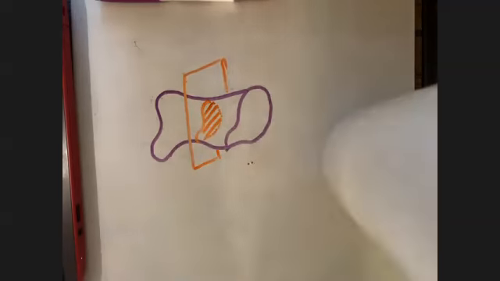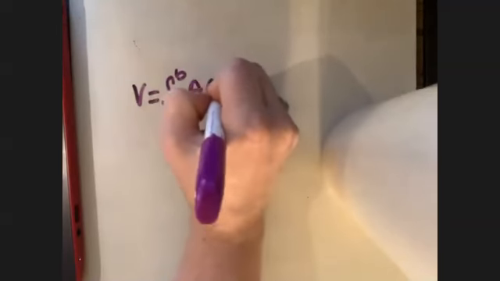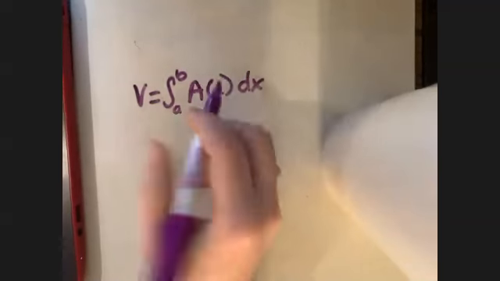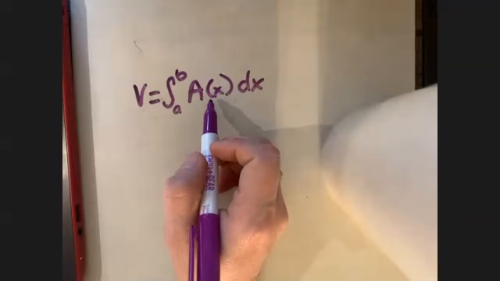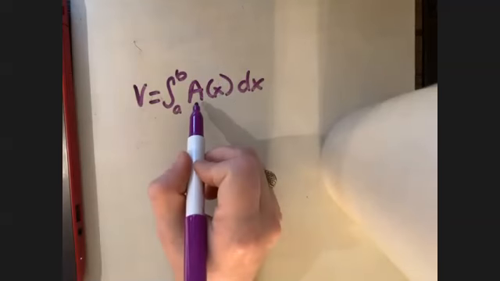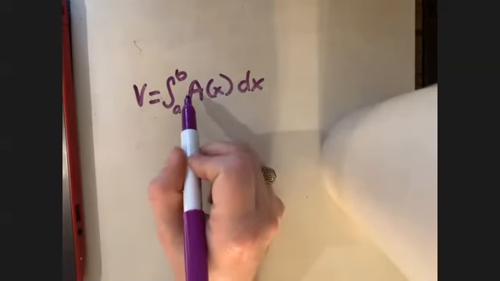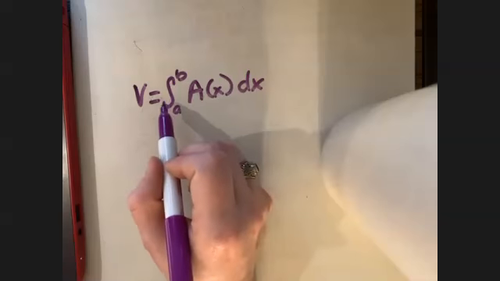The first thing they define is that volume is equal to the integral from a to b of A(x) dx. This represents the area of our shape, so we have to find the area function and then integrate it over our bounds.